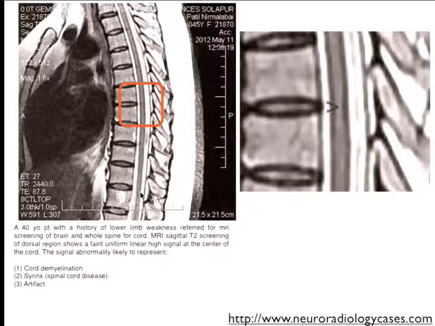You see, this is the spinal cord, and then there's this line in the center. Normally, it should be constant. This could be what's called a syrinx, a spinal cord disease. The question is, what is the case here? Cord demyelination, syrinx, or an artifact?